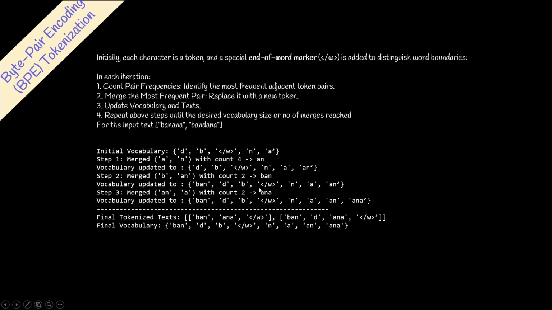Then again we'll repeat the same. We'll merge and add these to the vocabulary. And finally, we can see here the final vocabulary is this, which is based on the merging criteria, and we have the final tokenization based on the vocabulary that we have got.